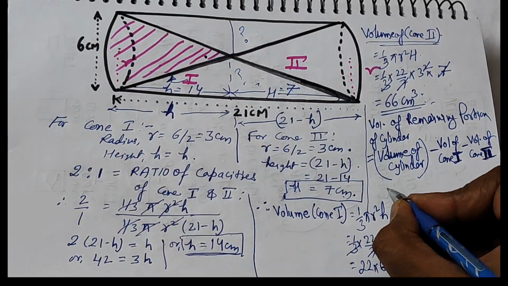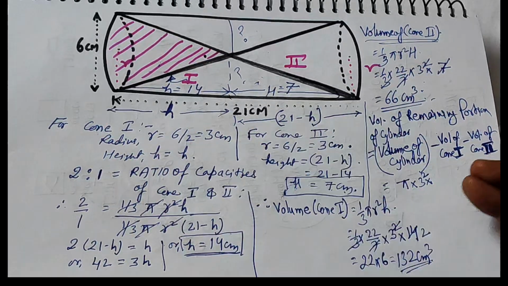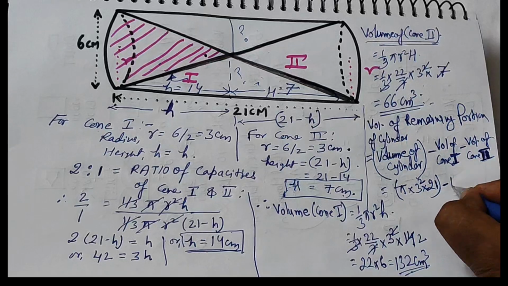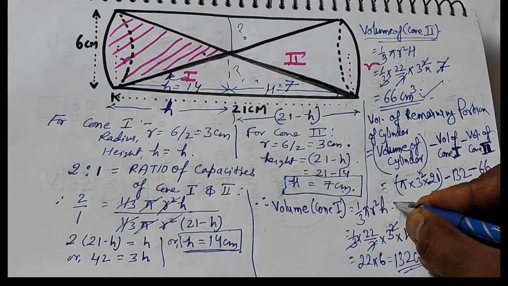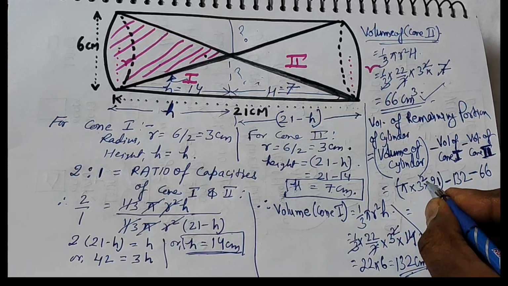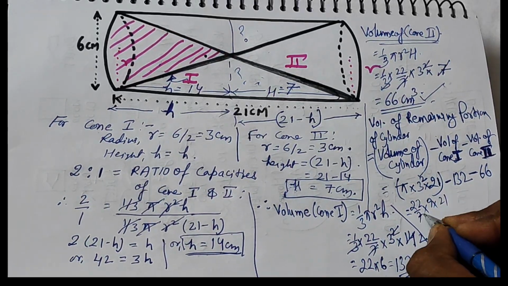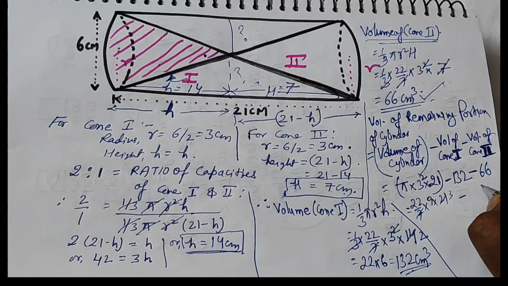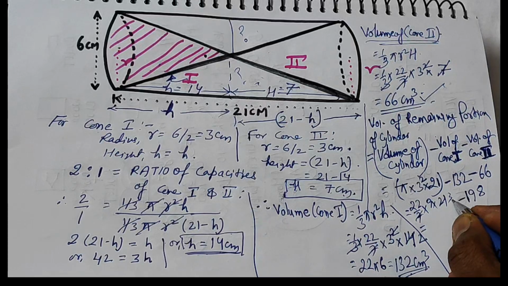So volume of cylinder is pi r square h. Pi into r square, that means 3 square into h. H means the complete height of the cylindrical pipe, that is 21. Minus volume of cone 1 we calculated 132 and volume of cone 2 we have already calculated 66. So just solve this to get the volume of the remaining portion of the cylindrical pipe.